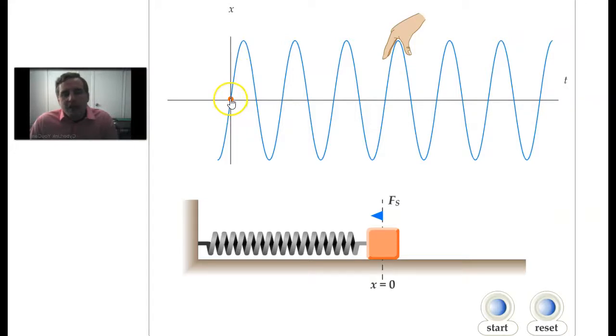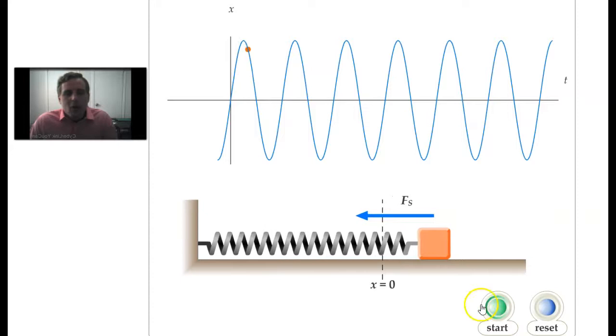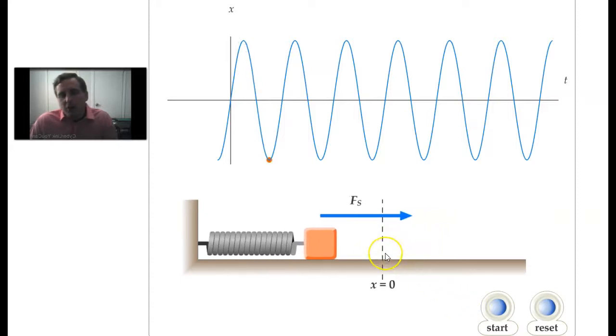Hopefully that makes sense, that we have to go a little forward in time. In other words, omega times t needs to have the value of pi over 2 radians to get back to the original 0 point, to get cosine back to its maximum value. So if we start this up here, notice that we just start with the object going through equilibrium.